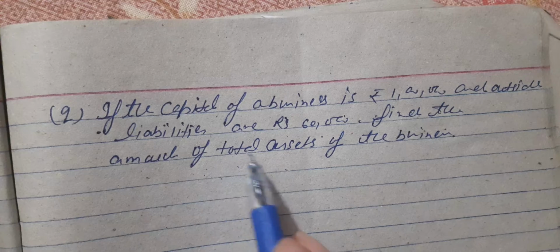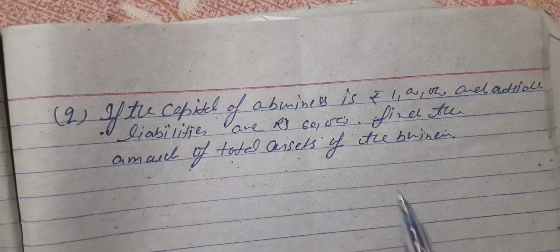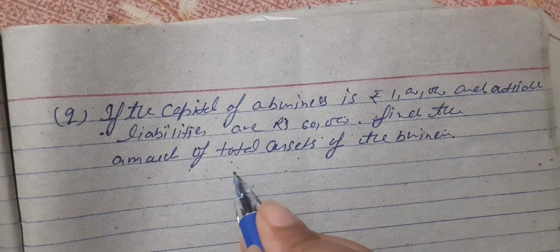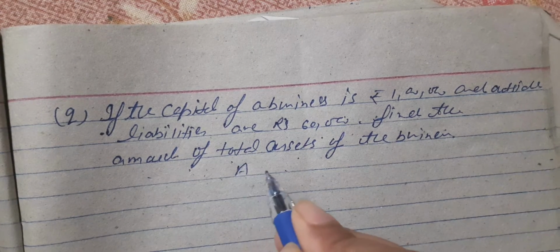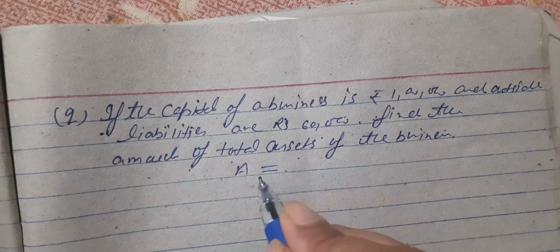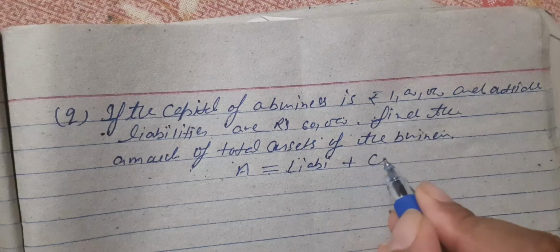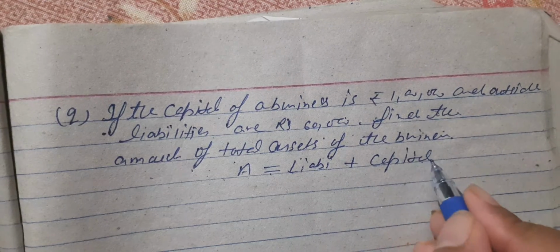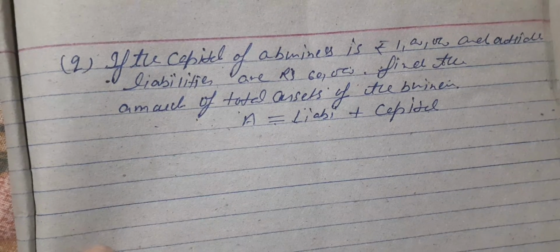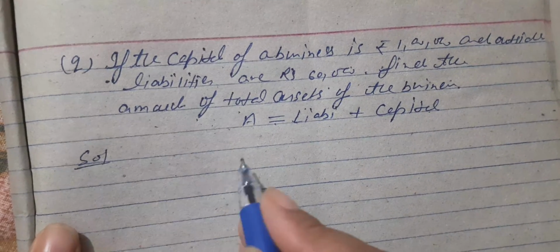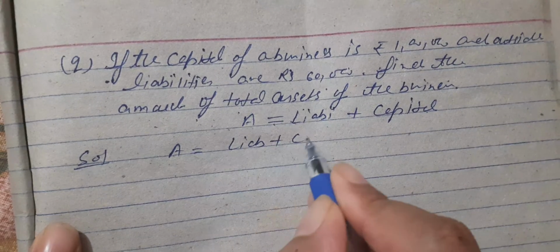So children, in this question we will calculate the amount of total assets. Our basic accounting equation concept is always that assets should be equal to liabilities plus capital. So we will follow this concept to find the assets amount. The solution will be assets equals liabilities plus capital.